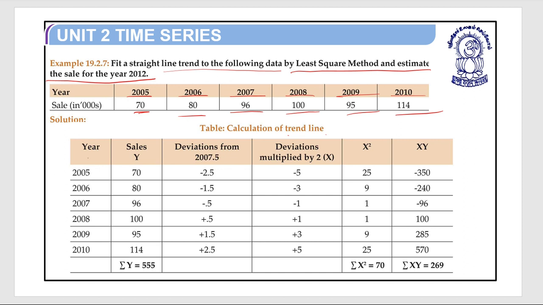Calculation of trend line. Year 2005 to 2010, sale y is 70, 80, 96, 100, 95, 114. So sigma y is equal to 555.